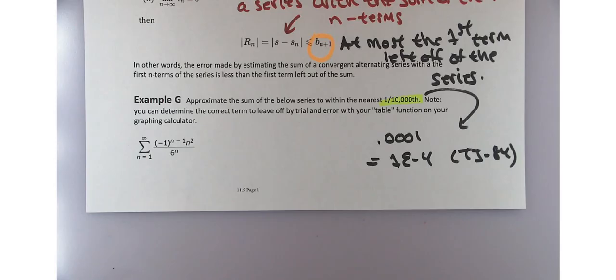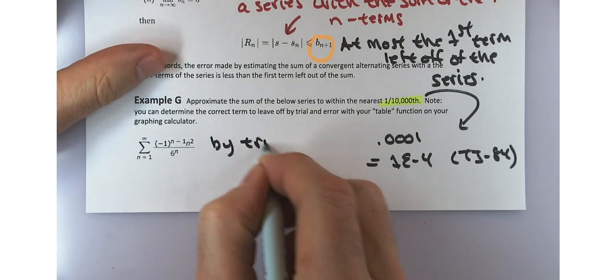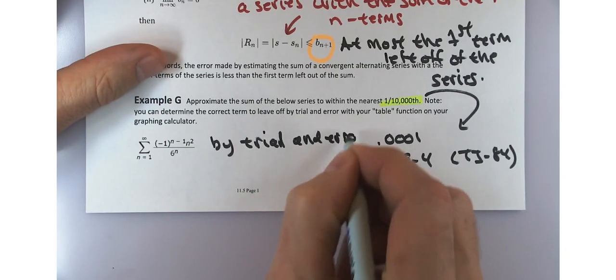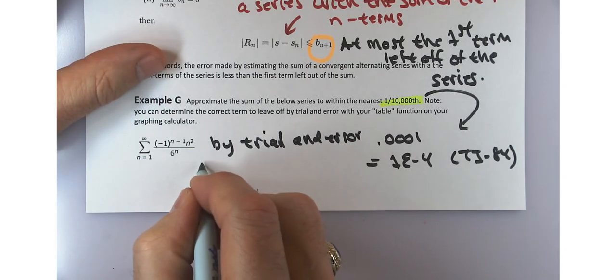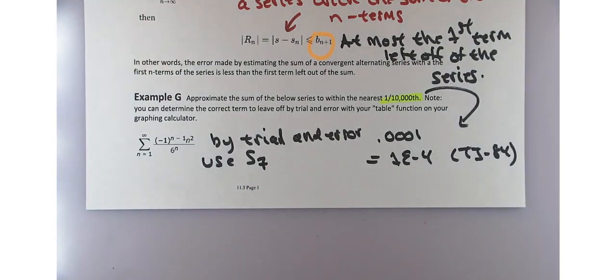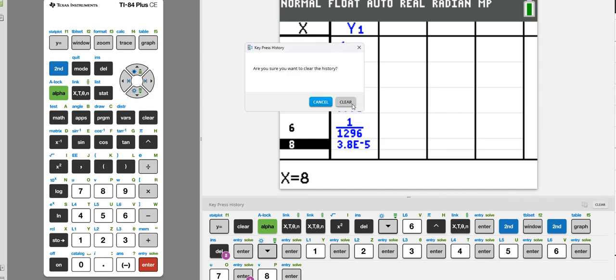So by trial and error, use S sub 7. Well, let's see if we can't figure out what S sub 7 is. Can you guys stand some more cute and dirty calculator tricks? All right.